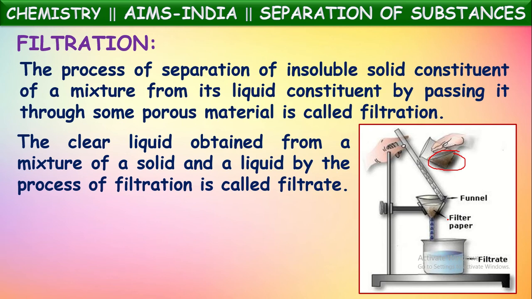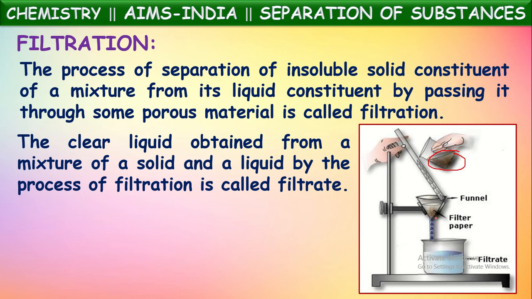The clear liquid obtained from a mixture of solid and liquid by the process of filtration is called filtrate. When the mixture of liquid and insoluble solid is poured through this filter paper, pure liquid will come down and be collected into this container. The insoluble solid substance remains in the filter paper.